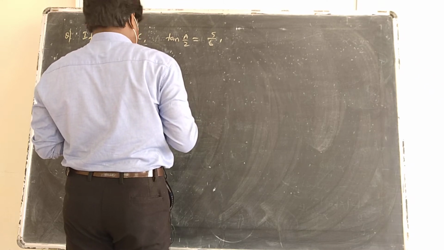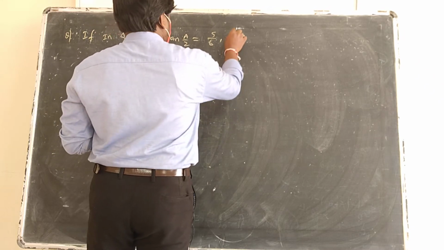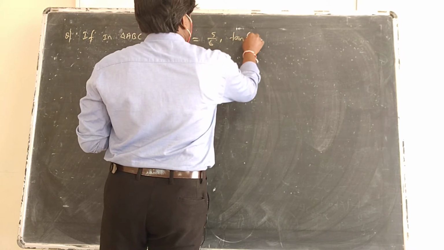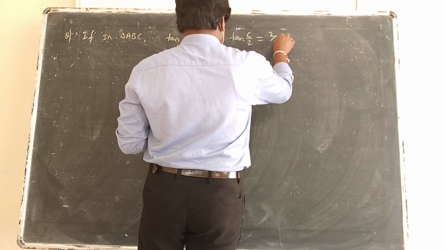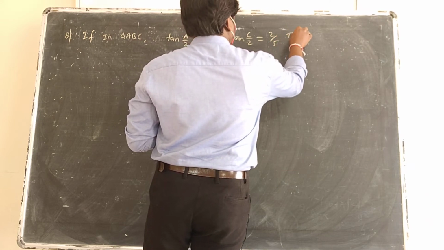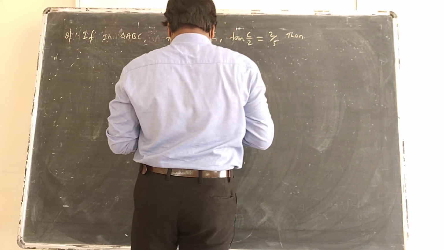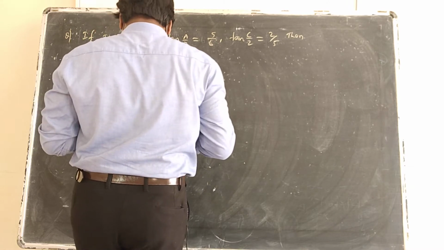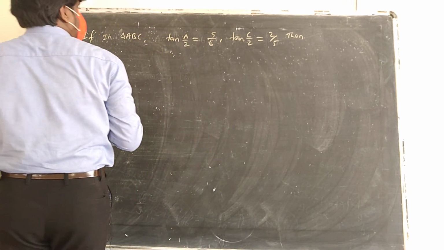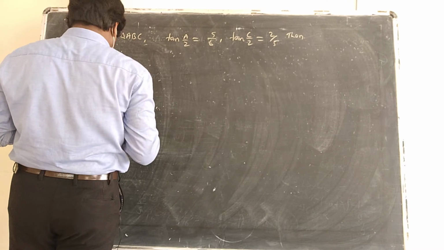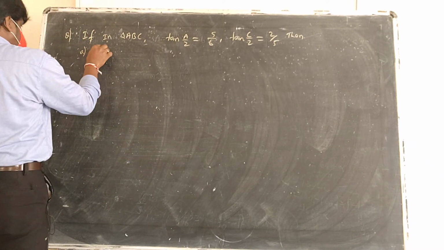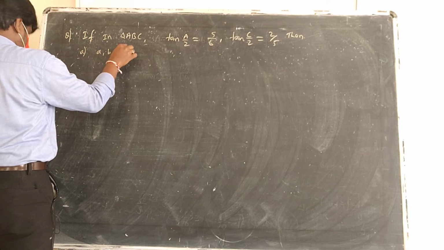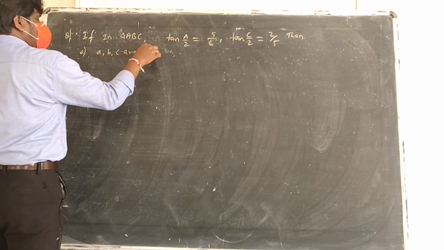tan A/2 is equal to 5/6, tan C/2 is equal to 2/5. Then, option A: A, B, C are in AP.